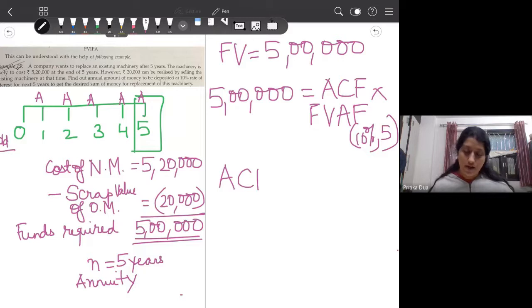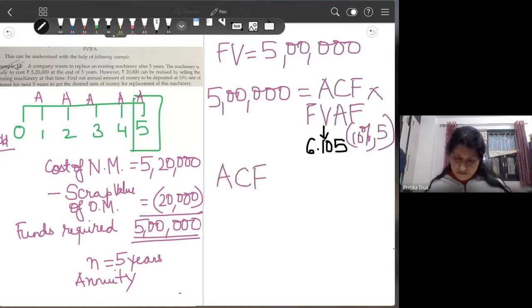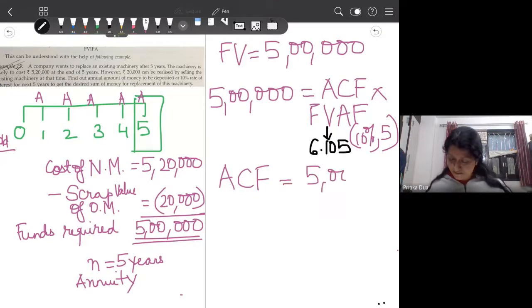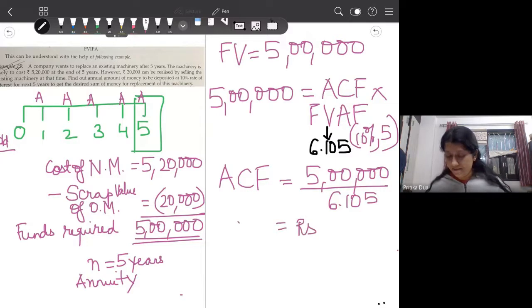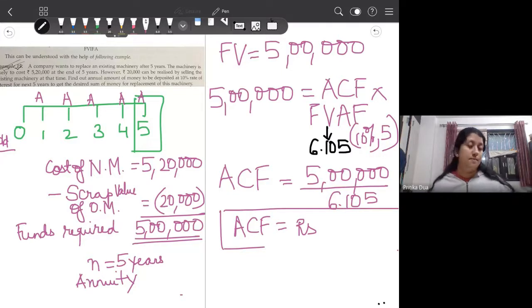In this case, the FVAF comes to 6.105. 81,900 rupees if deposited annually for 5 years will grow to 5 lakh at the end of fifth year.